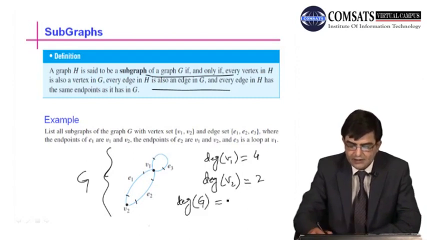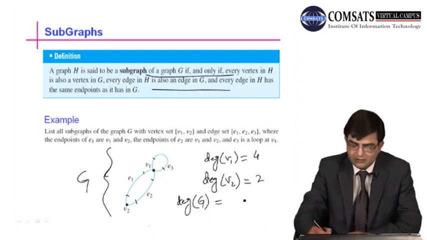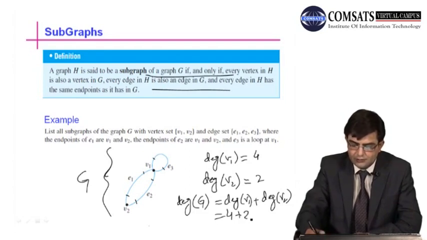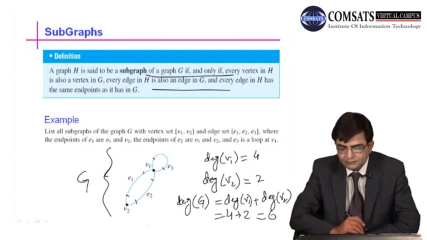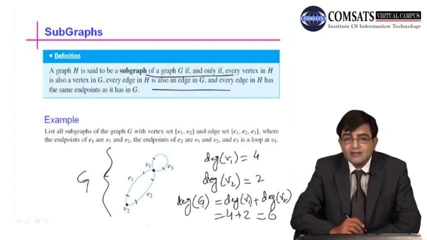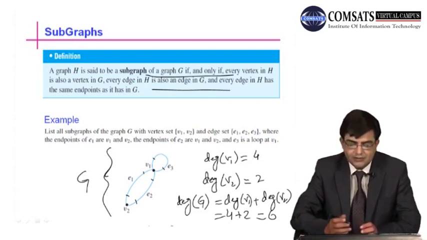It is the sum of the degrees of all the vertices, that is, degree of v1 plus degree of v2. So this is 4 plus 2, which is 6. So the degree of this graph is 6. This is how we can calculate the degree of a graph.